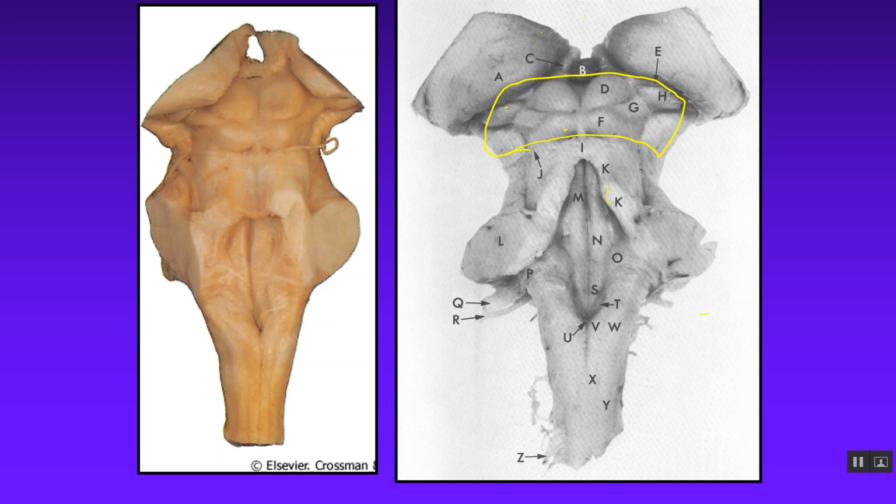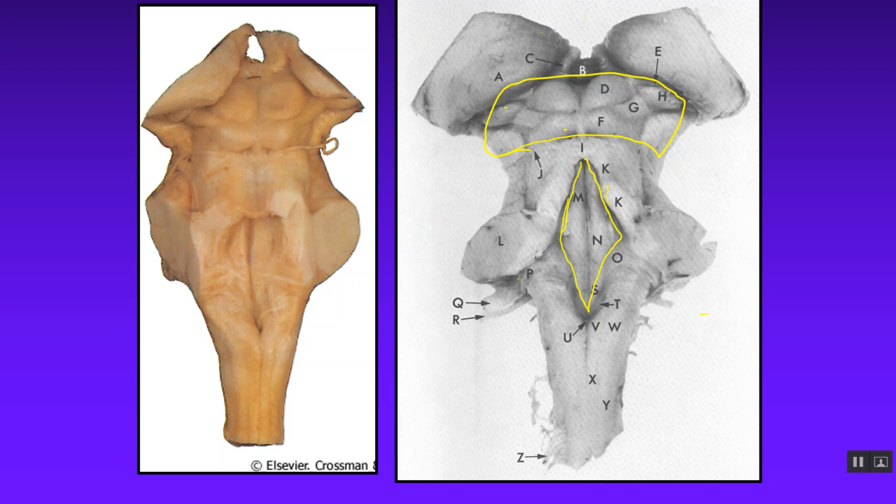Now we're down in the pons, which kind of cuts off right about there. So what do we got back here? Remember the cerebellum sits back here and we cut it off. Now when we look at the back of what's left, there is this structure right here. It's called a rhomboid fossa.